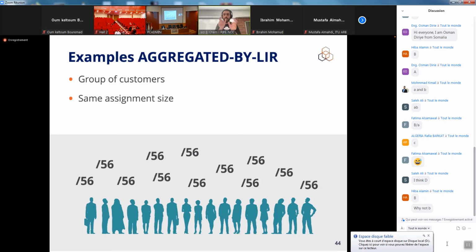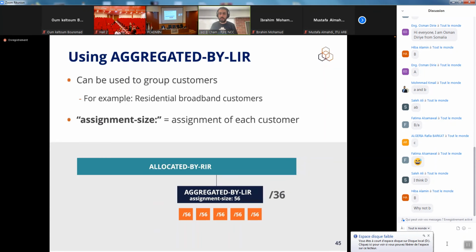So instead of creating every customer assignment on its own, you can group all of them together, aggregated by LIR. You are the LIR. So you aggregate them all together. Instead of creating the different /56s, I will group all of them in one /36, and over there, I will say that the assignment size is a /56.